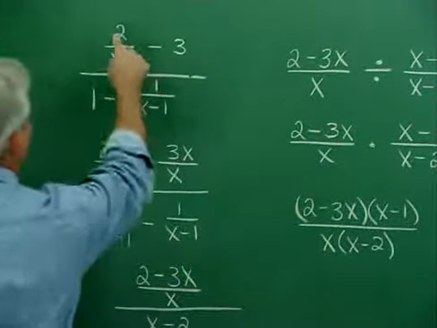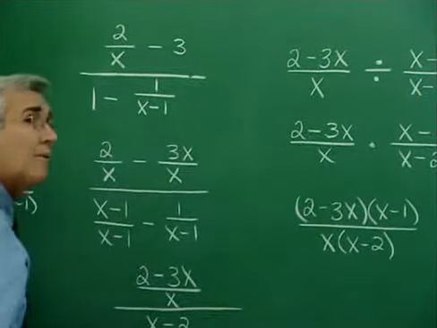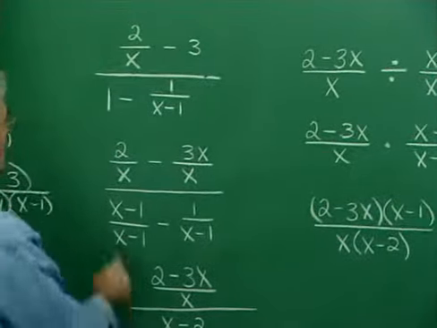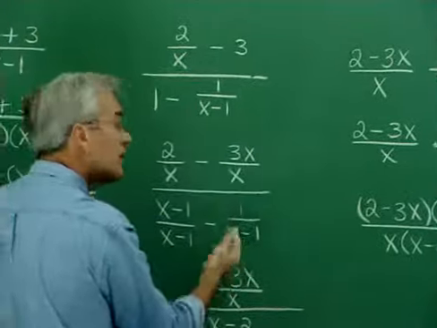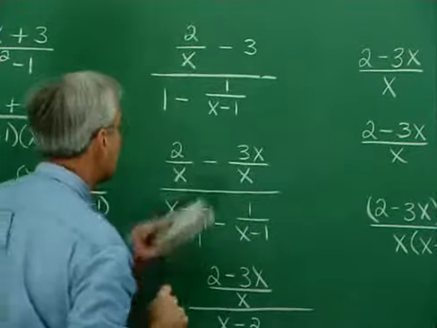That is, I have a fraction here and I have a fraction here. Now, between those two, let's identify a common denominator. That common denominator contains every different factor that we see. We see an x and we see an x minus 1. So x times x minus 1 is that common denominator.